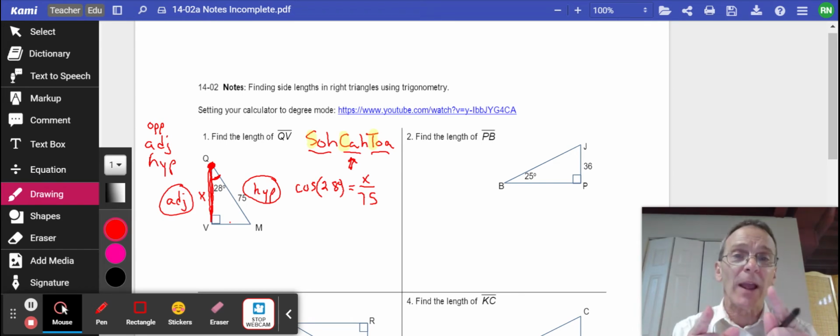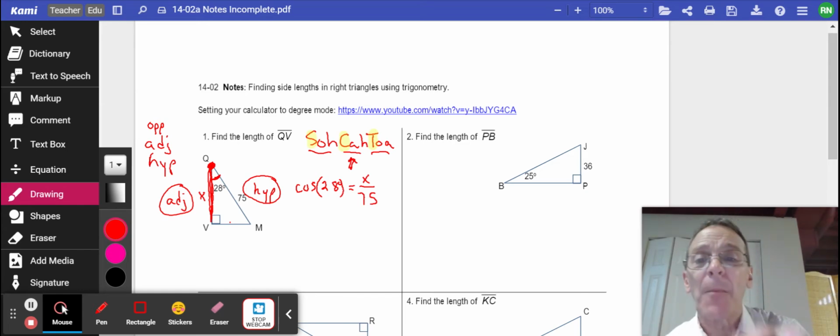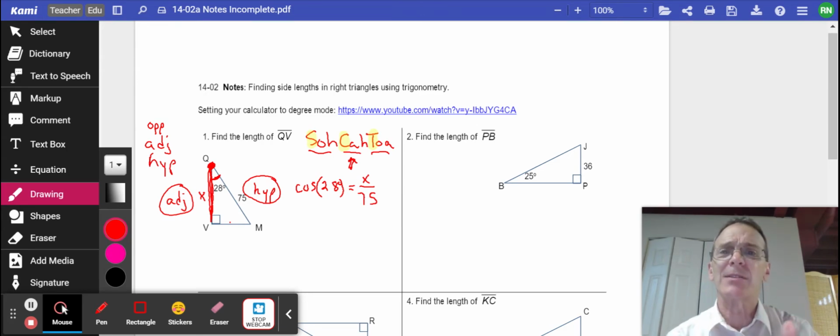So you could right now, don't do this, you could reach for your calculator, punch in cosine of 28, hit the enter button, and you would get some really ugly long decimal value for cosine of 28 degrees. And you could rewrite this equation, putting that decimal value in its place. But the decimal values never stop and they never repeat, okay?